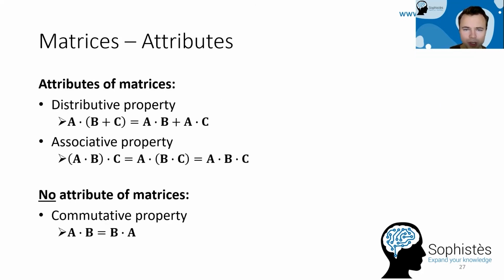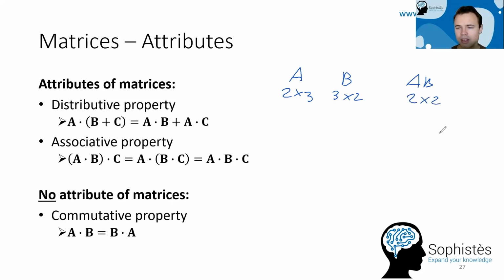So what you will see, and the most important property, is that A times B is not the same as B times A, and I will show you why. Maybe you can remember that if we first had A, which is a 2x3 matrix, and B, a 3x2 matrix, then AB will have order 2 times 2.